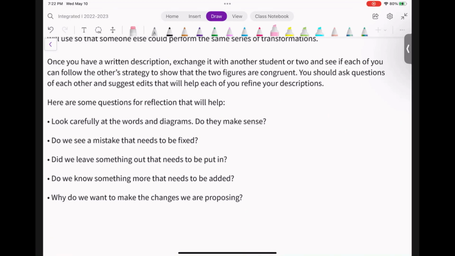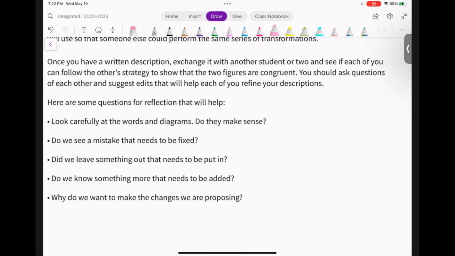Do we see a mistake? Did we leave something out that needs to be put in? And do we know something more that needs to be added? Why do we want to make changes that we are proposing?